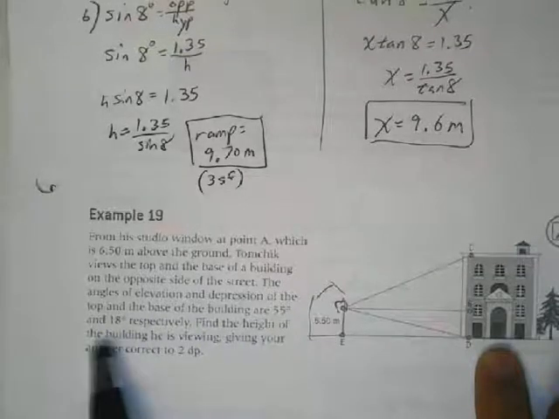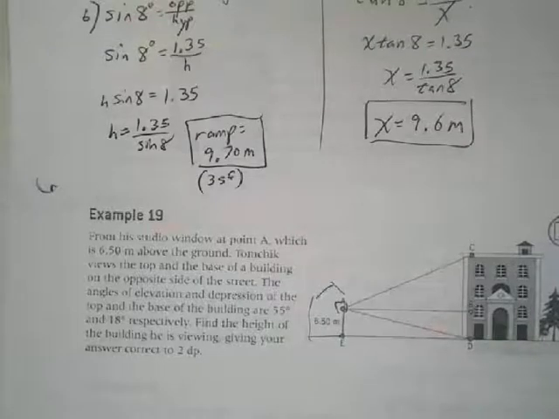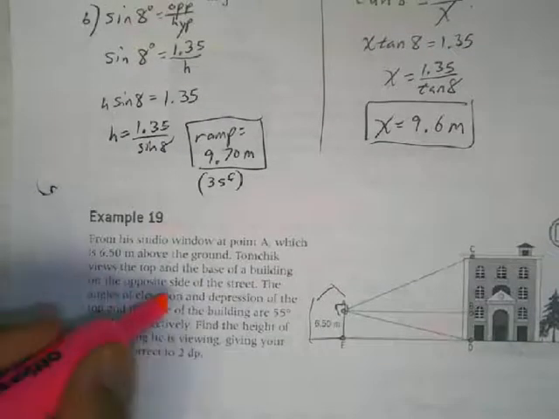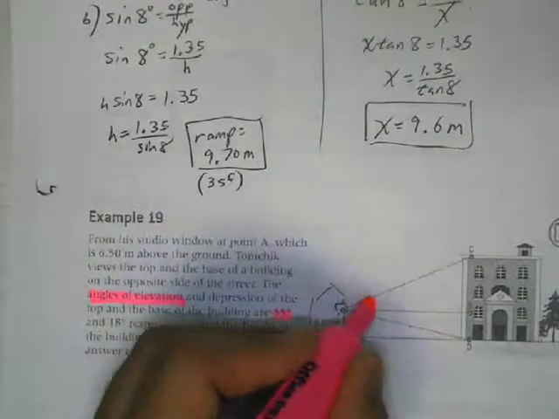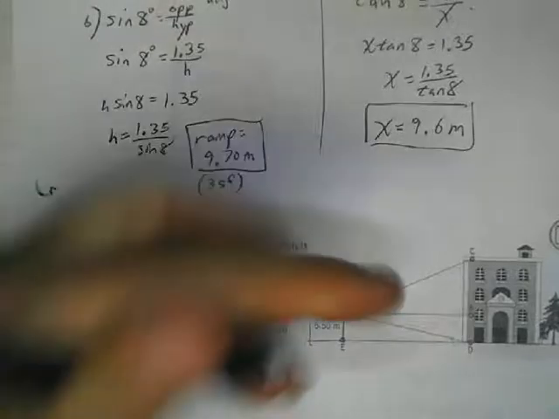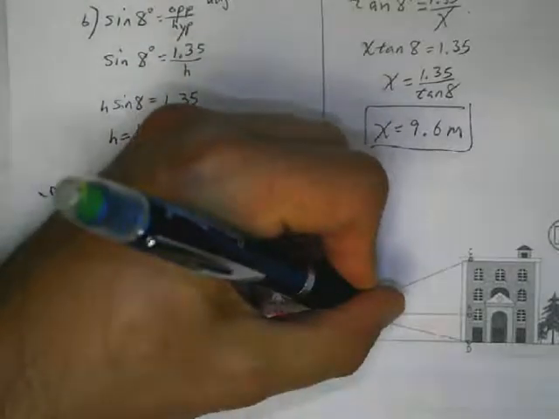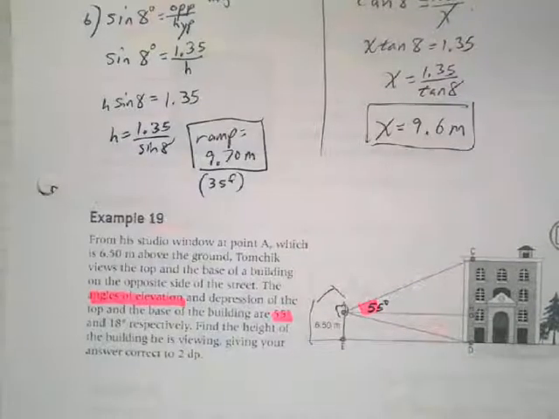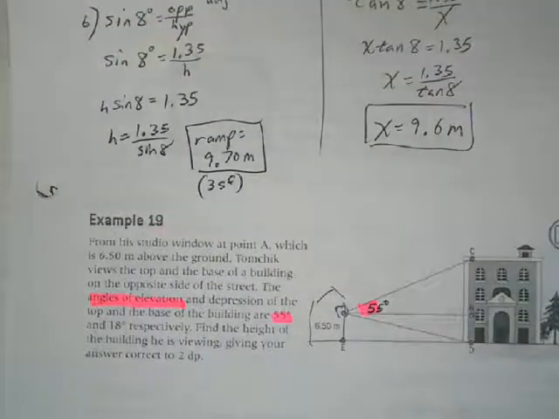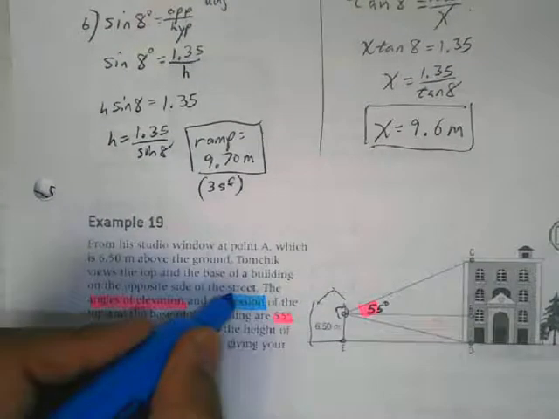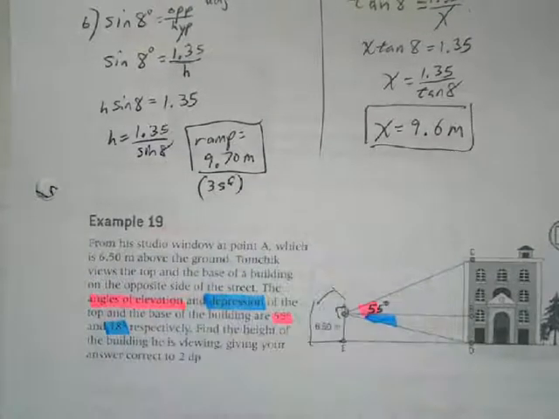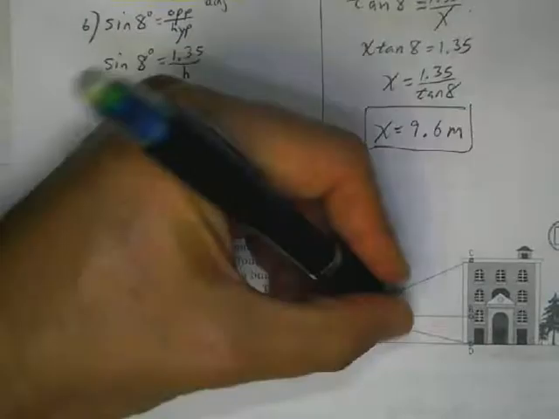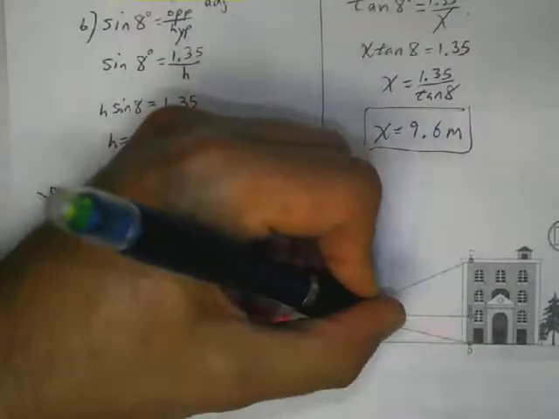Find the height of the building. Angle of elevation means you're looking up, and that's 55 degrees, this angle right there. The angle of depression is 18, the angle looking down. If you're depressed, you're looking down. If you're elevated, you're looking up.